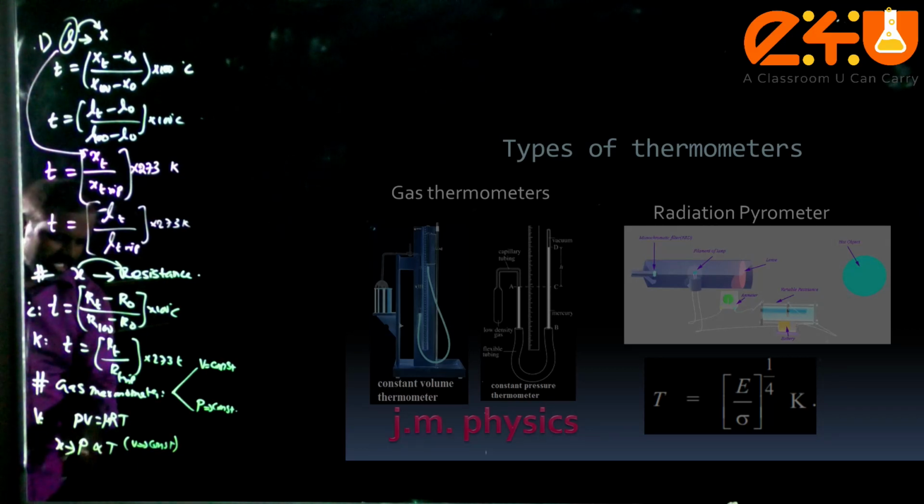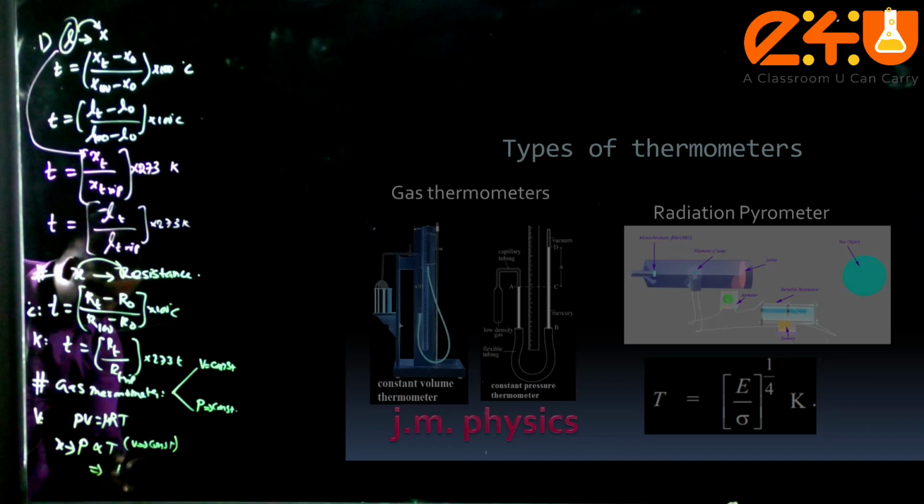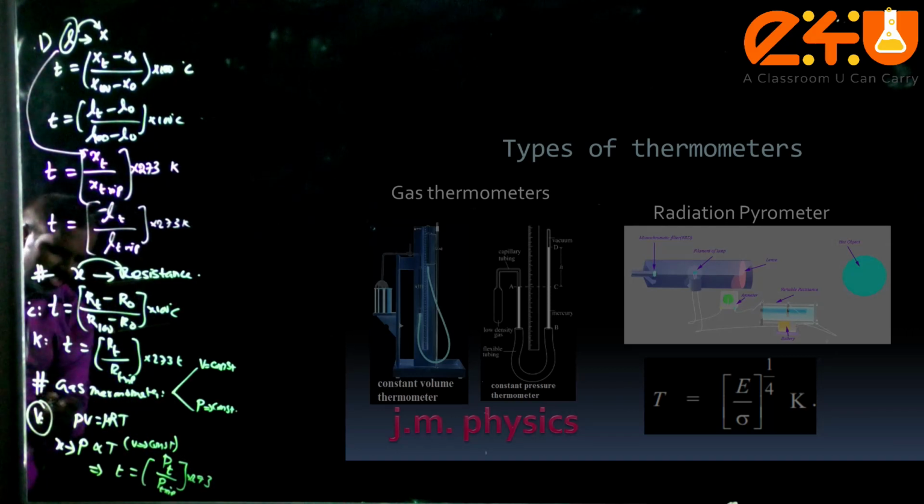We can write the same relation in the Kelvin scale or the centigrade scale: pressure at temperature T and pressure at the triple point, times 273 Kelvin. So in a constant volume thermometer, the variable quantity is pressure.